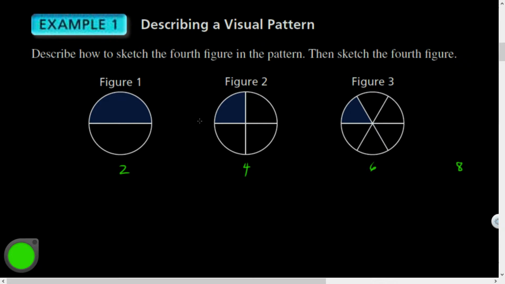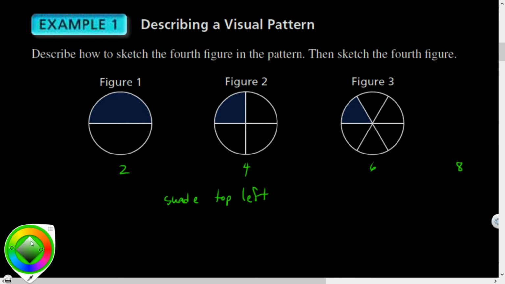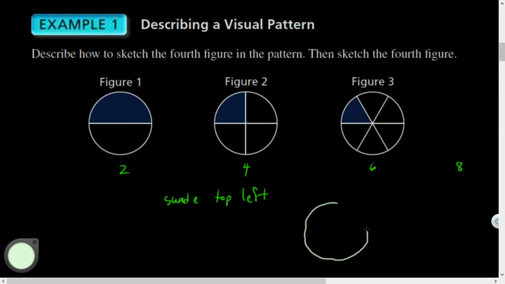And it appears to be shading. Which way does it shade? So top left, maybe? All right. So if I predict the next thing in the pattern, I should have actually used the circle tool. I'm expecting 8 sections. Oh man, this is so great.